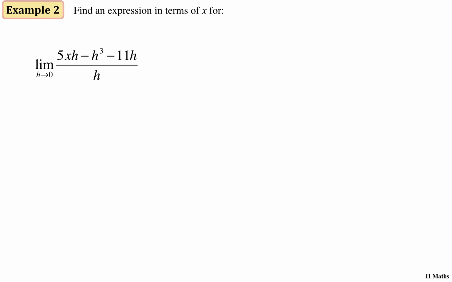What you do with these questions is you always take out a common factor where you can in the numerator and the denominator if possible. In the numerator, h is common to every term. You've got a 5xh minus h cubed minus 11h. H is common in 3 spots. So let's take out h as a common factor. Notice I still have my limit part.